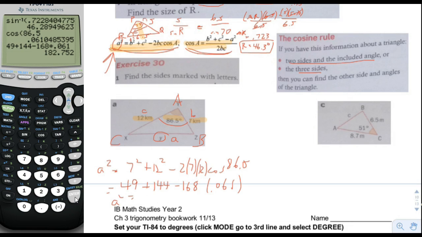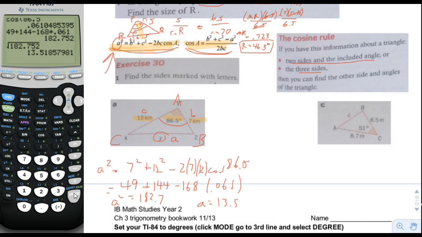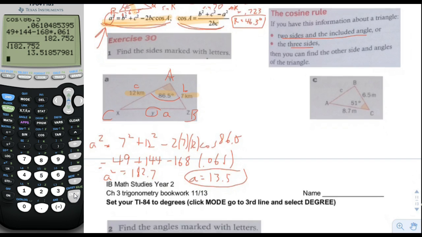So a squared is equal to 182.7. And then to find what a is, I take the square root of that. And I get 13.5. So a is equal to 13.5. And that looks reasonable because the other two sides are 12 and 7. Last one.